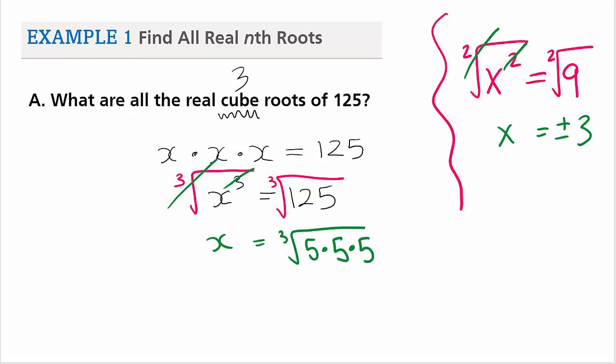Now there's many different ways to think about this. 5 times 5 times 5 is the same as 5 cubed. Now what do you notice here? Well, we have that cubed root on the outside and the cube on the inside, so those two are going to cancel. So our end result is just positive 5.